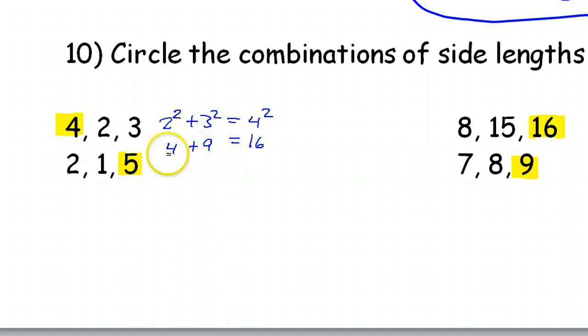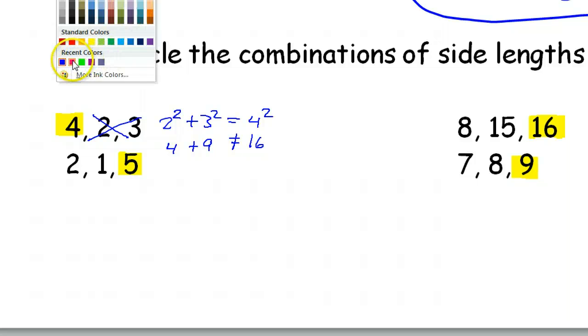That is 13, so 13 does not equal 16. So this is not a right triangle, because a squared plus b squared did not equal c squared. I'm going to switch colors every time.